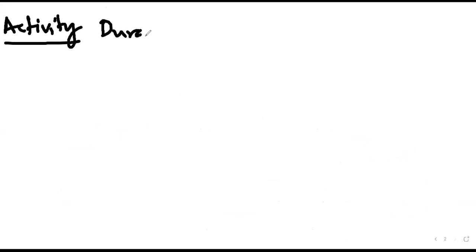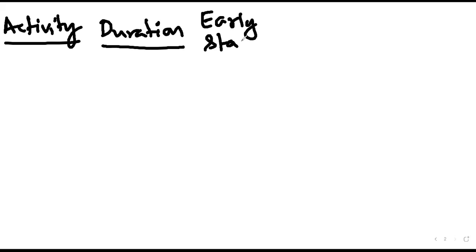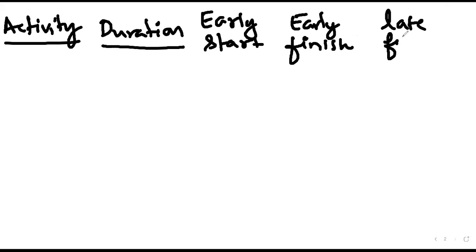So we need activity, duration, early start, early finish column, and late finish. These are the columns we require to solve this problem, that is independent float.